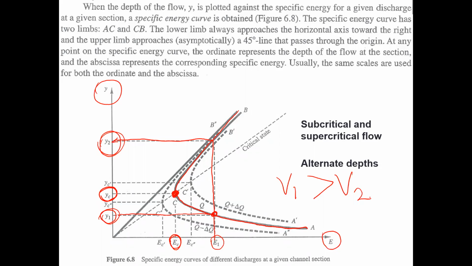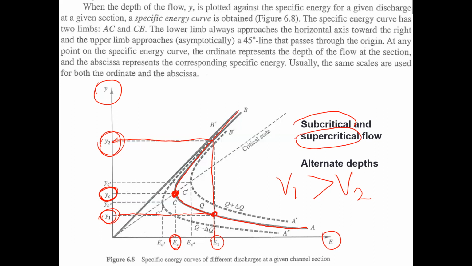Otherwise, the channel will be susceptible to erosion, right? So now what will happen? Whenever the water depth is smaller than this critical depth, that is y1 in this case, we call it supercritical flow.